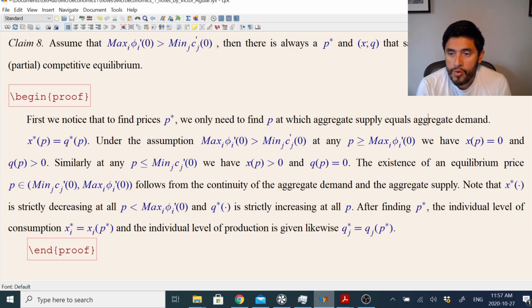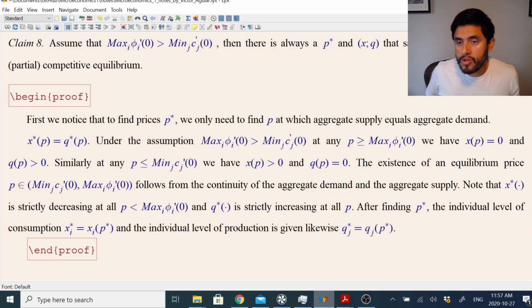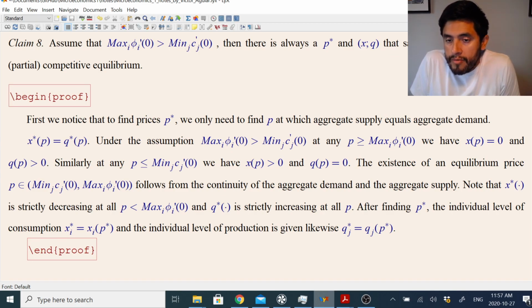And now notice that aggregate demand is strictly decreasing for all prices less than or equal to the max over i of phi i at 0, according to our assumptions, and Q, the supply, is strictly increasing for all other prices.